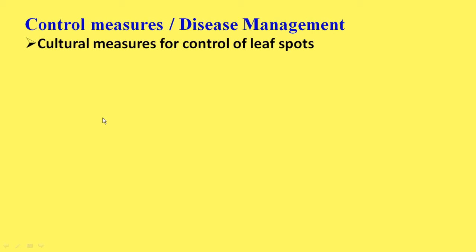So there are different ways by which we can prevent or control the disease. One of them is cultural measures for control of leaf spot disease.